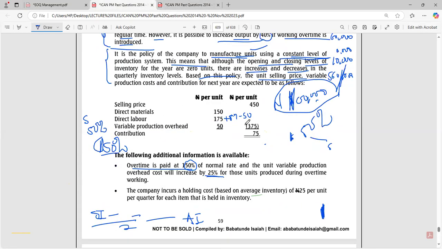12.5. Now let's add it. Please work with me. Do 175 plus 87.5. Somebody should do it for me. What do you get, please? 175 plus 87.5. Can you hear me? 262.5.